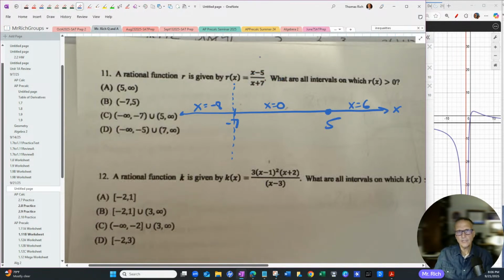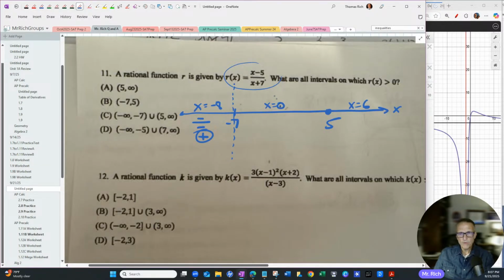I just want to know whether it's going to give me a positive or negative, to indicate whether the function is below the x-axis if it's negative or above the x-axis if it's positive. If you stick -8 into the function, you will get a negative on the top and a negative number on the bottom, -13 over -1. But the point is, a negative divided by a negative is a positive. So we are going to be above the x-axis there.